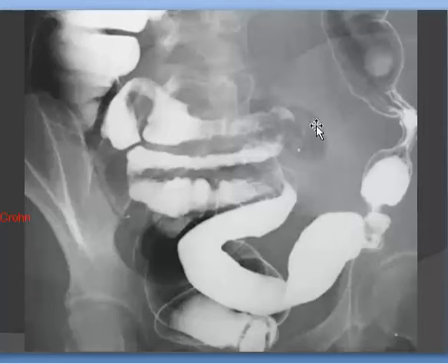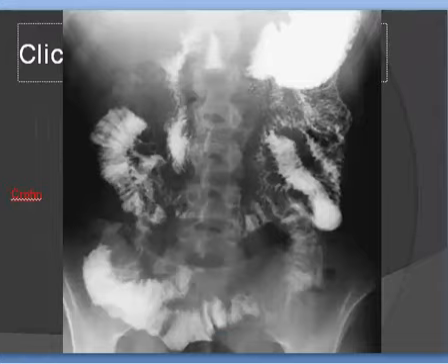Number two, the lesion is eccentric, more involving this side, the mesenteric side, rather than this side. Narrowed lumen, irregular lumen, ulcerating lumen, pseudopolyps sometimes. These are occurrences of appearances of Crohn's disease.